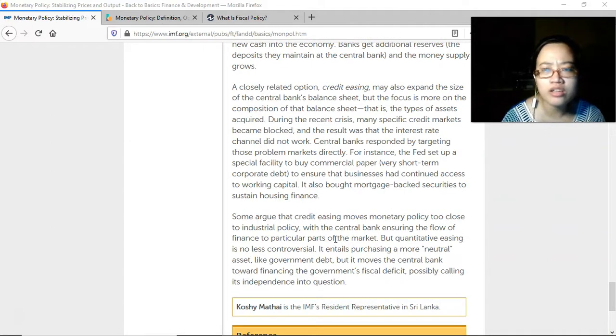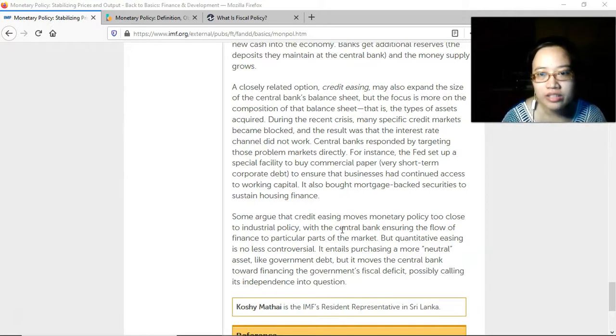So another thing that happened during the 2008 financial crisis is that some companies are considered too big to fail, in which case closing them would have a large impact on the economy, and so the government was, in a way, forced to save them by providing them with financial help, right?